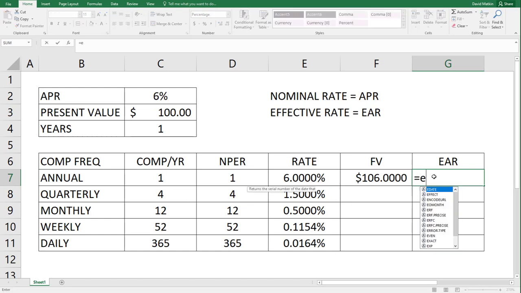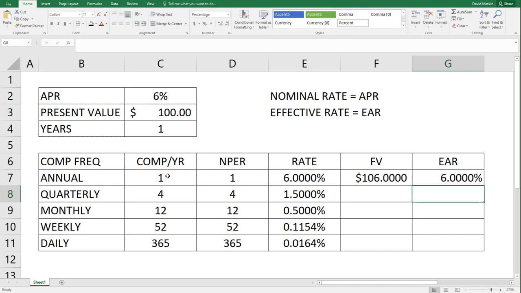In fact, if we calculate the effective interest rate, or the effective annual rate, and we put this 6%, and I'll lock that in, and we look at it over one compounding period per year, we will see, yeah, the effective rate is 6%. So this future value, even though it rose to $106, it's not really defined by this 6%.